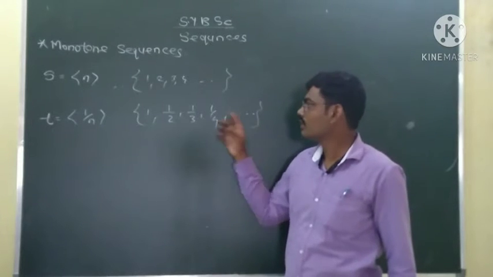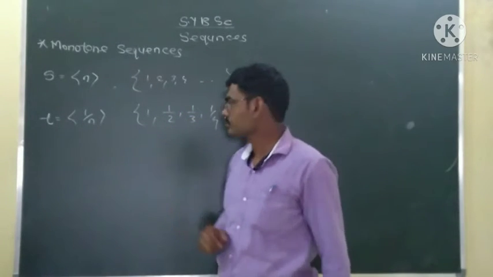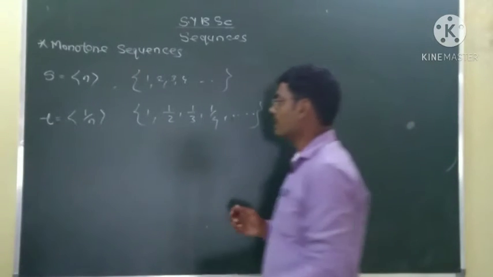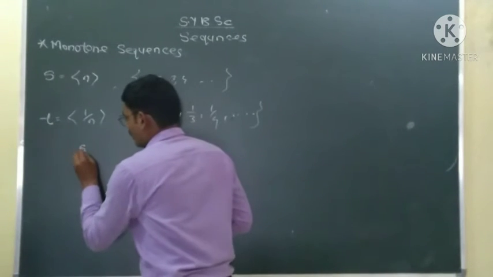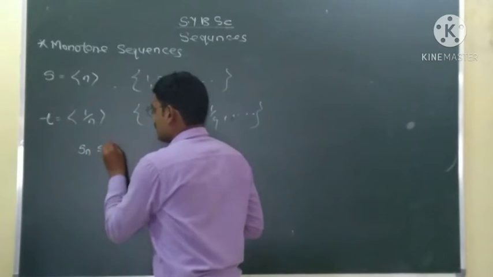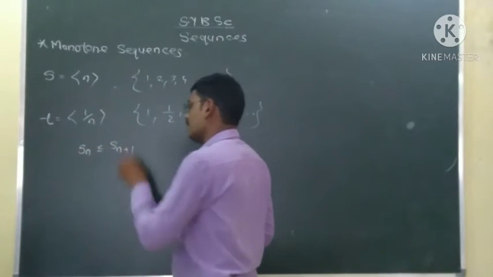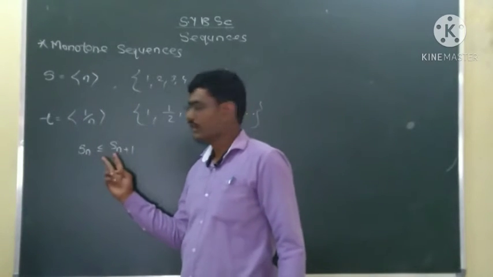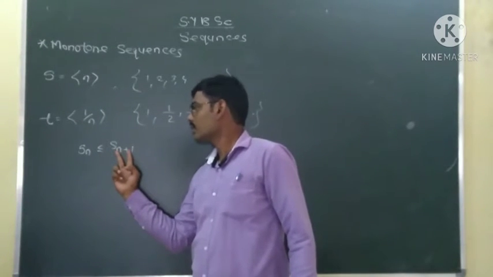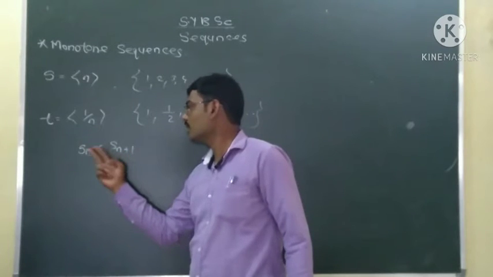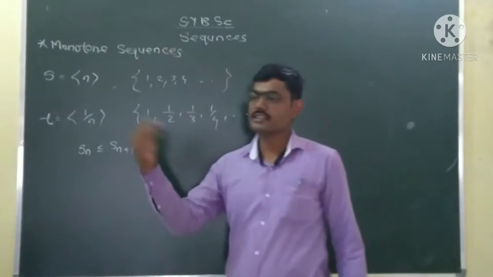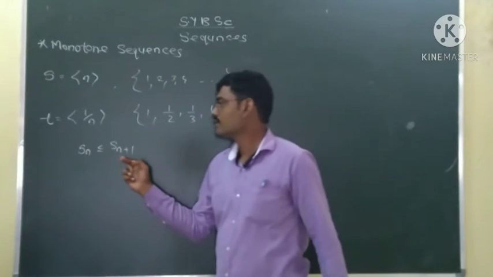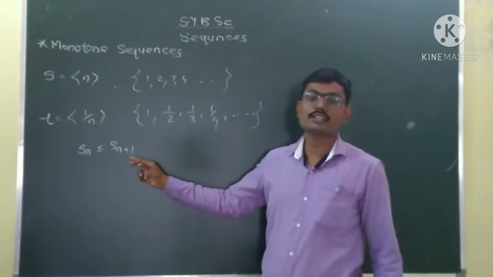Okay, so we can write the definition of monotonic sequences. If Sn is a sequence, Sn is the nth term, such that each (n plus 1)th term is greater than or equal to the nth term, that is, the next term is always greater than or equal to the previous term, then the sequence is called monotonic increasing.